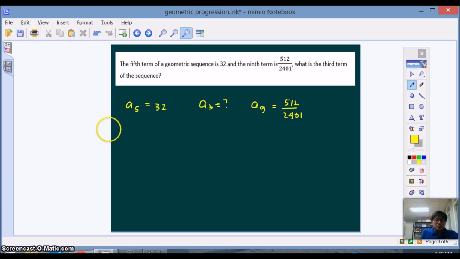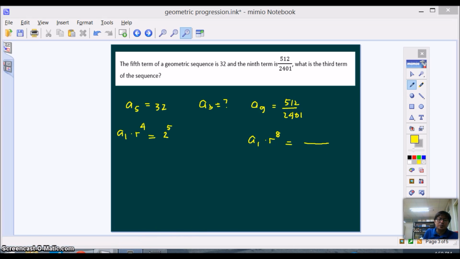Now again, your a sub 5 can be written as a sub 1 times r, the common ratio, raised to 4, and that's equal to 32. We can write this in prime factors, 2 to the 5th. Now a sub 9 can be written as a sub 1 times r to the n minus 1, that will be 9 minus 1, and it's equal to 512 over 2401. Again, large numbers.